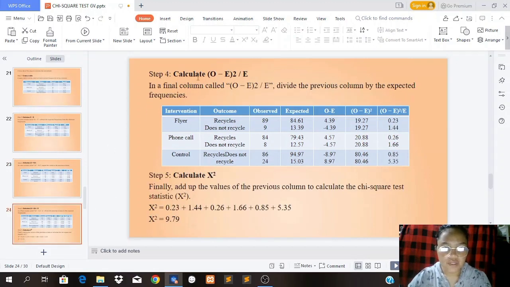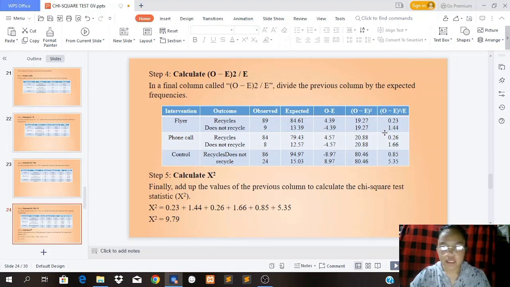Then step 4. Calculate O minus E squared divided by E. In a final column called O minus E squared divided by E, divide the previous column by the expected frequency.